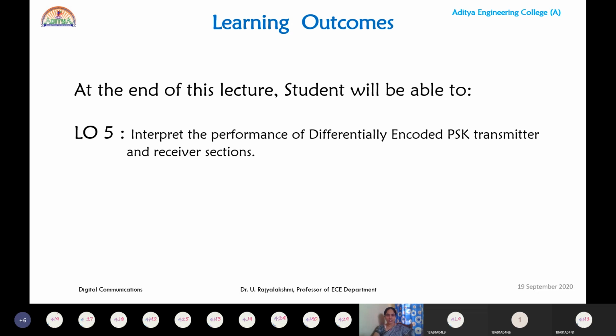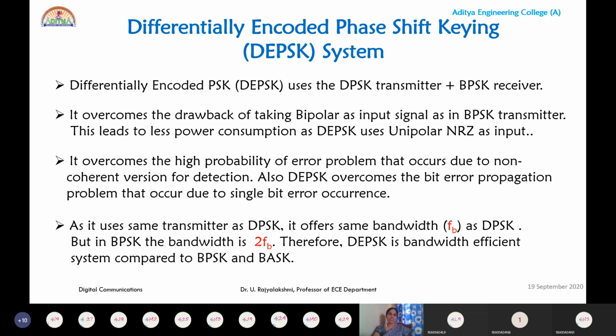This is the upgraded version of differential PSK. In terms of transmitter and receiver sections, differentially encoded PSK consists of a DPSK transmitter section and a BPSK receiver section.